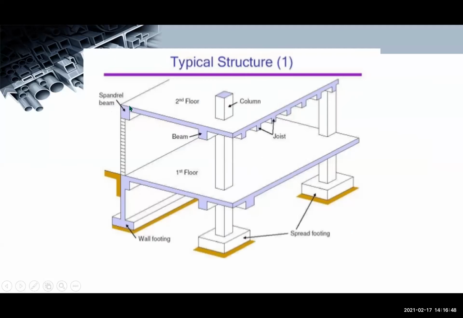Next, ito yung spandrel beam na tinatawag. And then, ito regular beam na nagsusupport ng slab. Ito naman yung floor joist na tinatawag. Floor joist is parang may mga small intervals siya and kinikerry niya yung flooring.